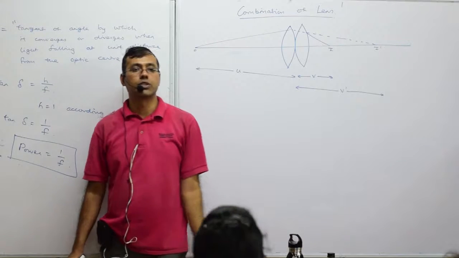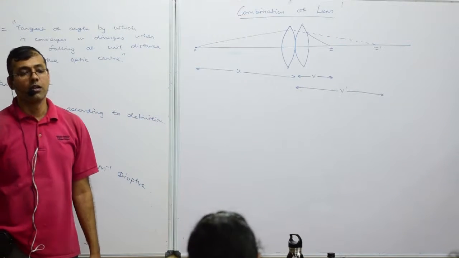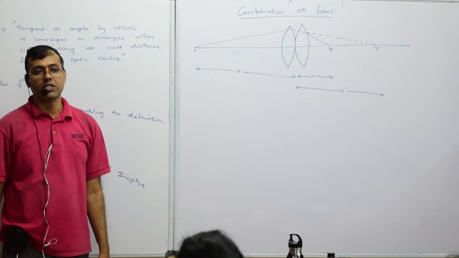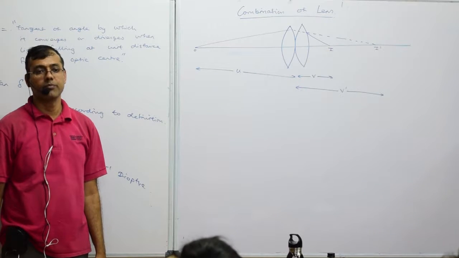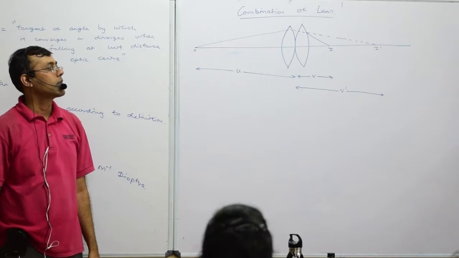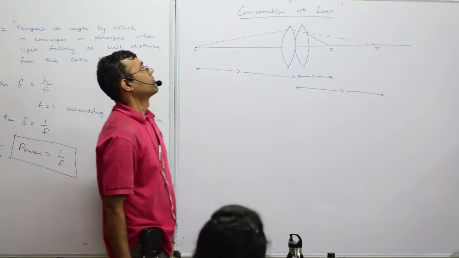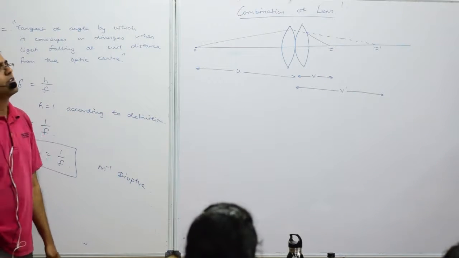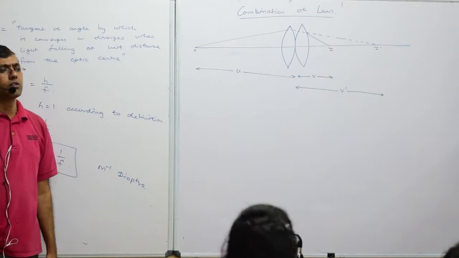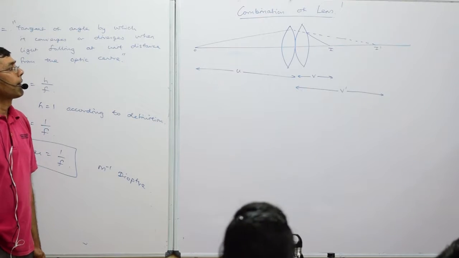Did we use this virtual image and virtual object? Refraction at a spherical surface, curved surface, right? People remember that. Did we use it there or in the lens maker's formula? Lens makers, right? Okay.